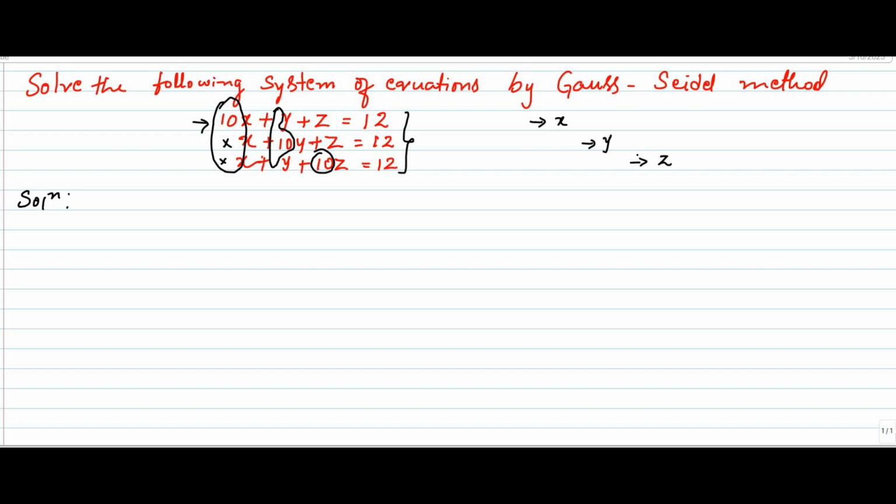How to arrange the system of equation as diagonally dominant: always the coefficient of x should be greater than other two values. Similarly, when you move on to the second equation, the coefficient of y should be greater than the below or above values. Similarly, the coefficient of z should be greater than the above values.